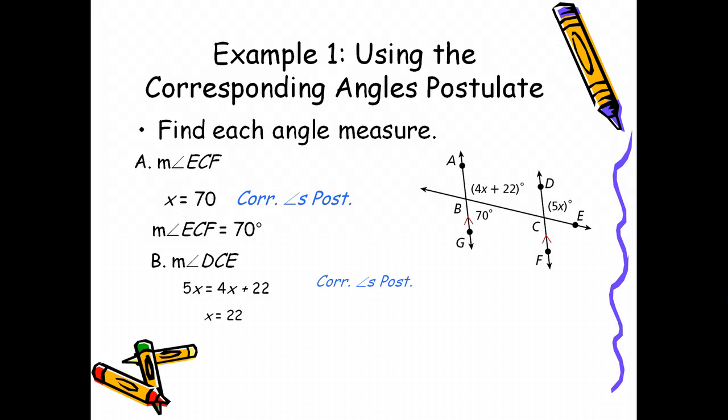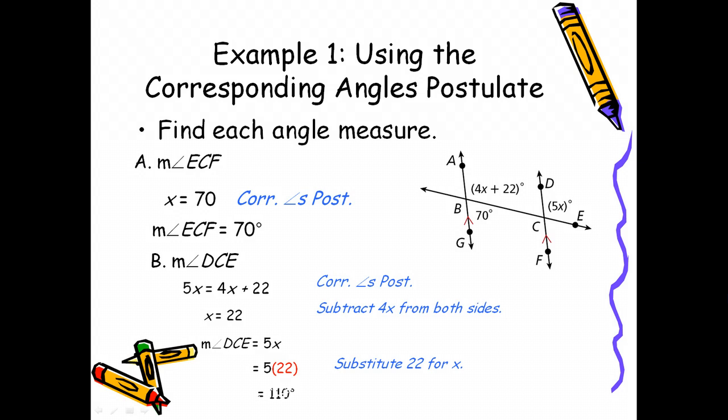X equals 22. Subtract 4x from both sides. So the measure of DCE equals 5x, which would be 5 times 22. We're substituting the 22 for x. So the measure of angle DCE is 110 degrees.